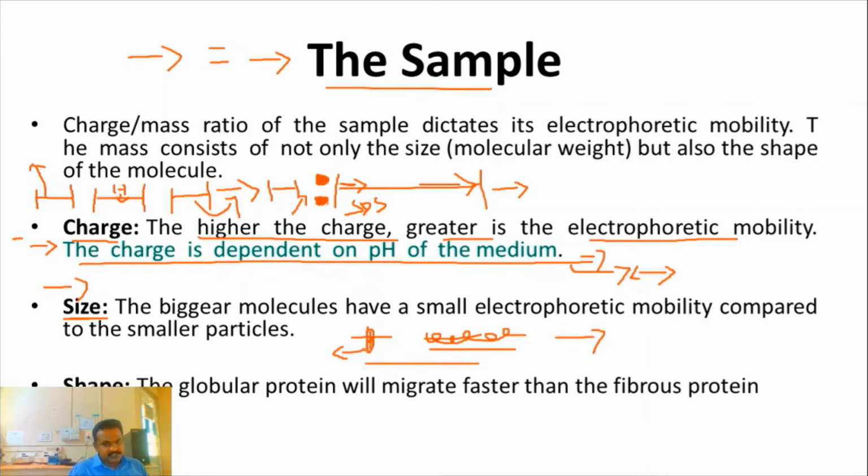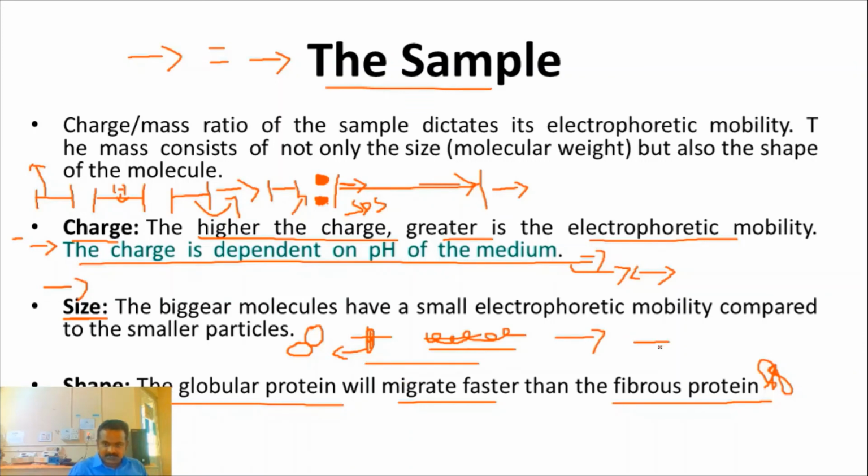Why? Because the shape of the sample is different. The shape means the structure of the molecule is different. Here it is clearly mentioned that globular protein will migrate faster than fibrous protein, so the structure is entirely different.